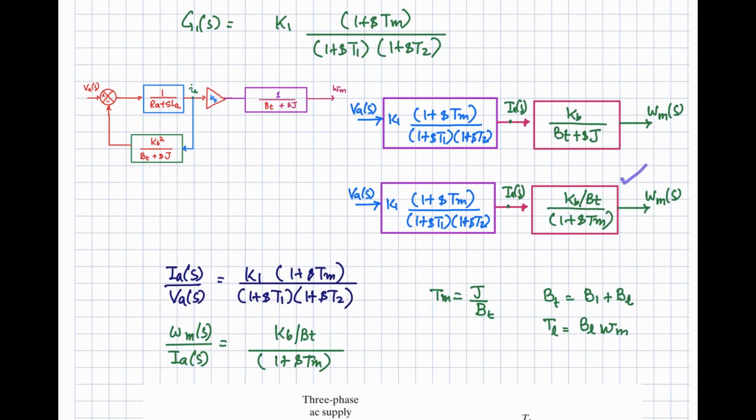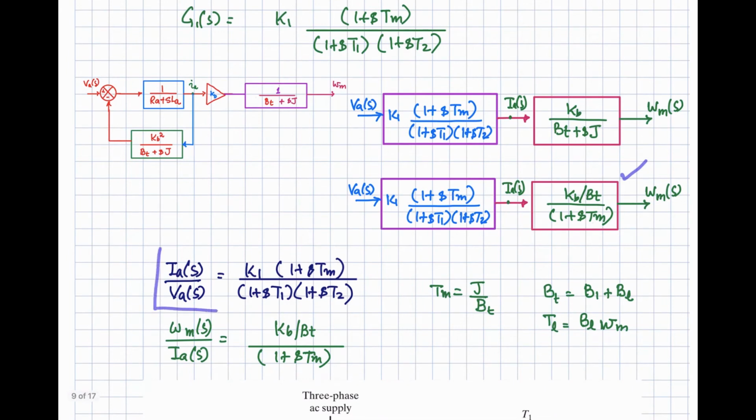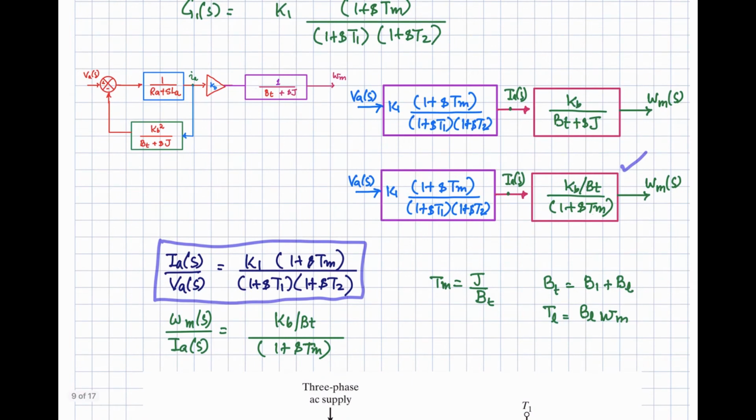So we have obtained two transfer functions. One relates the current with the voltage, given by this equation, and we have seen what K1, Tm, T1 and T2 are. And the second transfer function relates speed with the current, given by this equation. So Tm is given by this one, and Bt is defined as B1 plus BL, and TL is equal to BL into omega m.